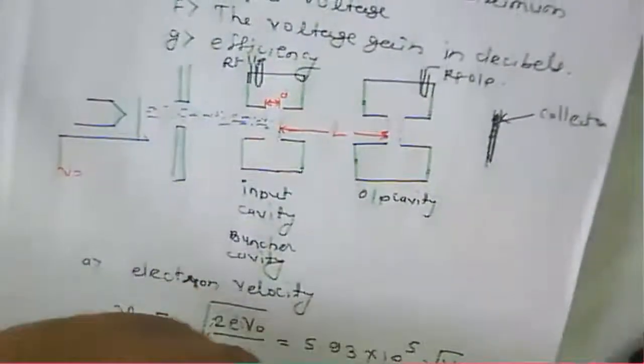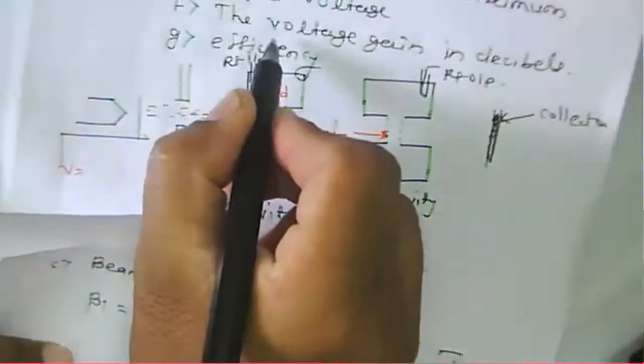We obtained that V1 max. Next, we need to find the output voltage.